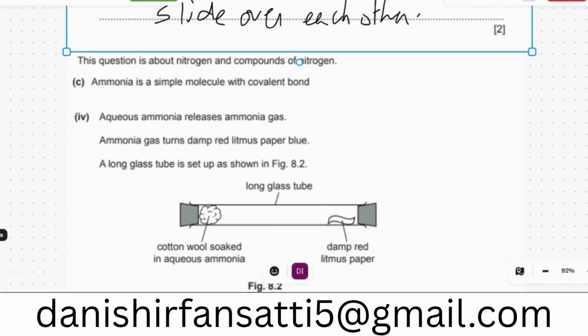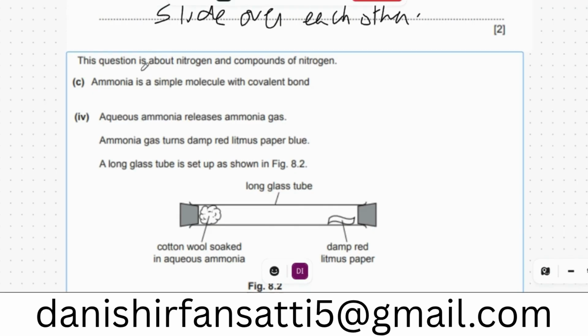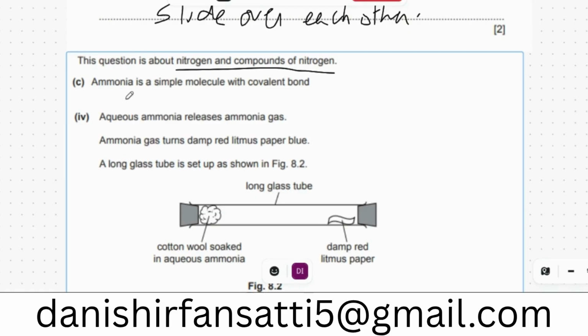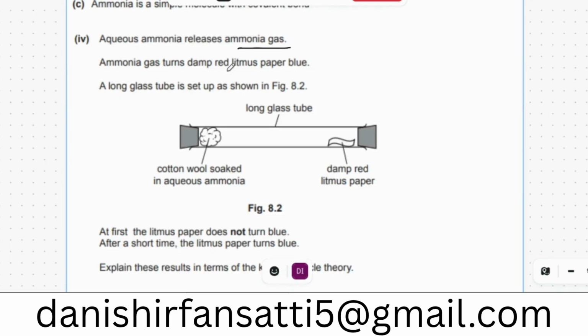Okay, now a question is about nitrogen and compounds of nitrogen. Ammonia is a simple molecule with covalent bonds. Aqueous ammonia releases ammonia gas. Ammonia gas turns damp litmus paper blue because it's an alkaline gas.